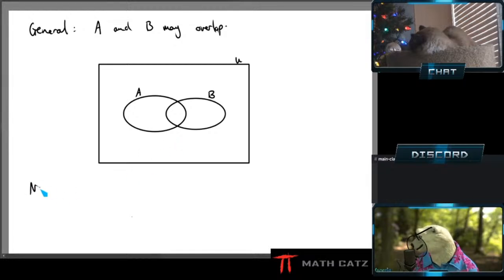Now I want to know how can I figure out the number of elements in the union based on the individual numbers? Well, I do want it to look similar to what I had before. And let's see what we get at this stage. Let's use some colors. If we stop here, let's see how close are we.